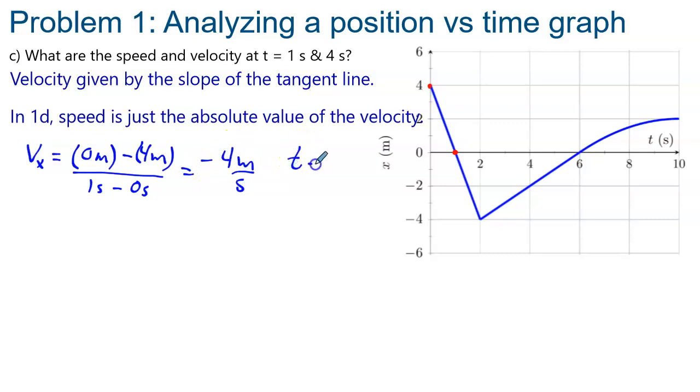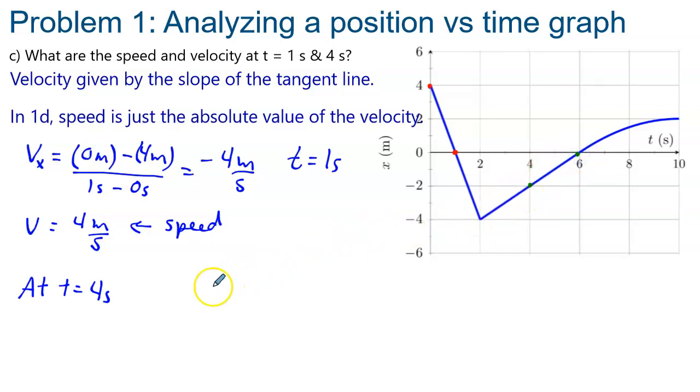I remind you that this was for t equal to 1 second, which means that the speed at that moment will be equal to 4 meters per second. Then we can do the same analysis when t is equal to 4 seconds. Let's pick 2 new points. You see, we're still on a segment of a straight line, so we can take, let's say, 4 seconds and 6 seconds.